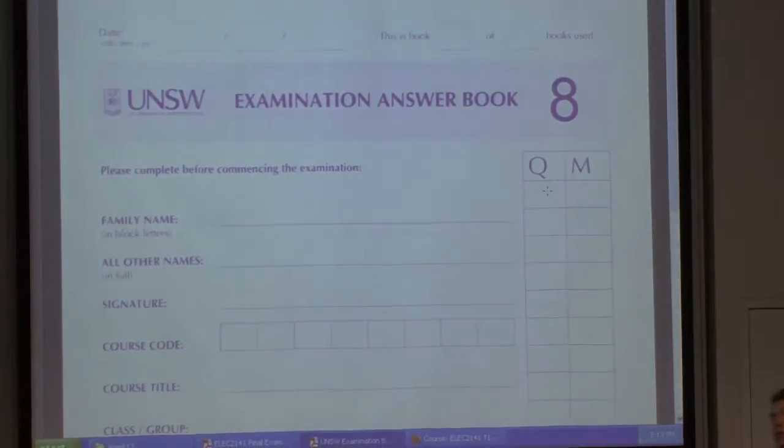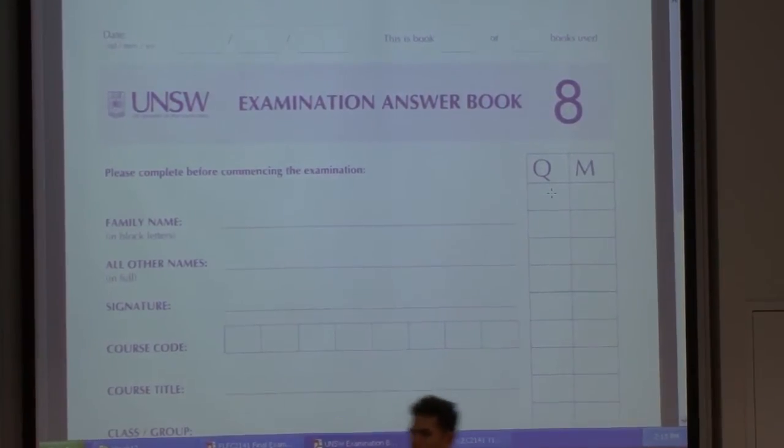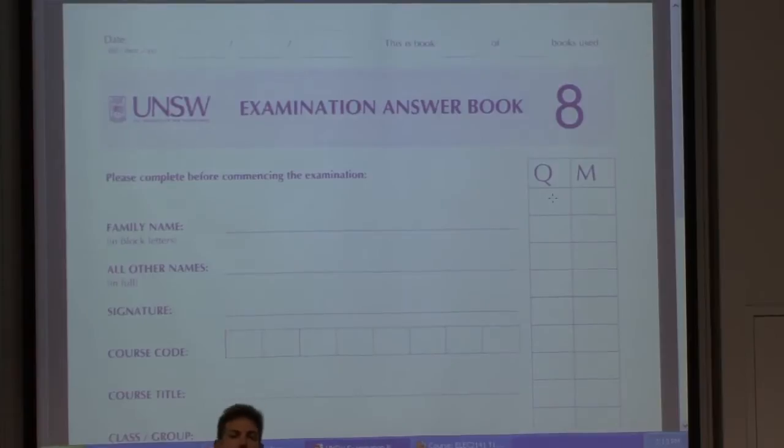Only 1 question per booklet, because those booklets are then distributed. We separate your booklets, and each question is marked separately. That's why we ask for a question per booklet, and this will help us identify what question you attempted in this booklet.